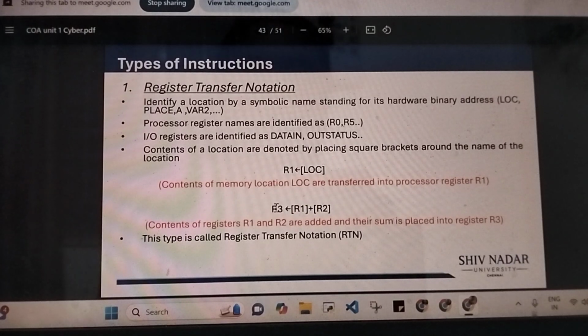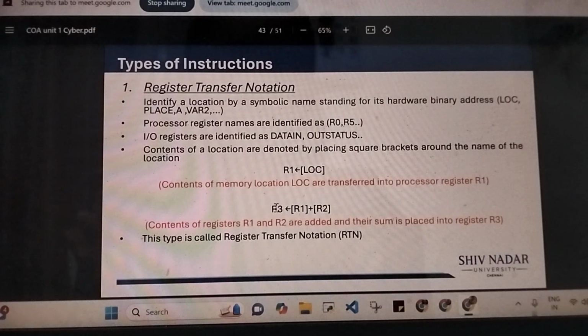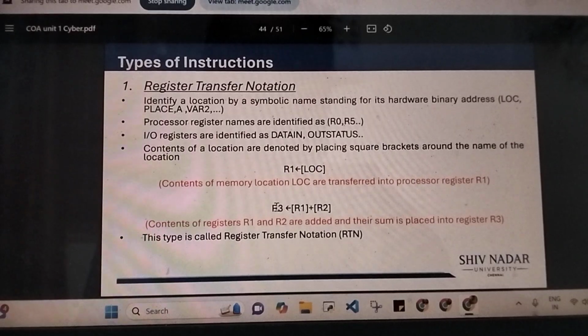This is one way of writing instructions in assembly level language. It has its own set of rules, its own set of syntax and so on, which we've already looked at. So we are going to be looking at 2-3 other types here in more detail. This is something we've already seen, so I'm not going to go into too much detail with this one right now. The idea is this is one of the ways of writing.